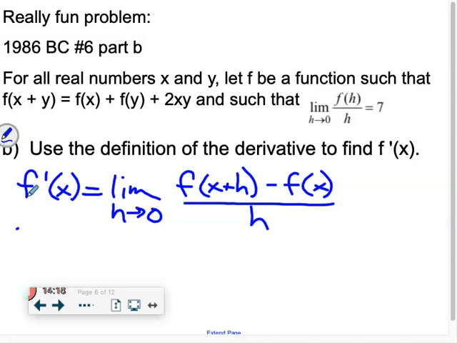You can plug in whatever you want for x and y. They're variables. So this is f of x plus y. I need f of x plus h. Could I plug in an h for the y here and replace the y's with h's? Is that okay? Try it and see what happens.